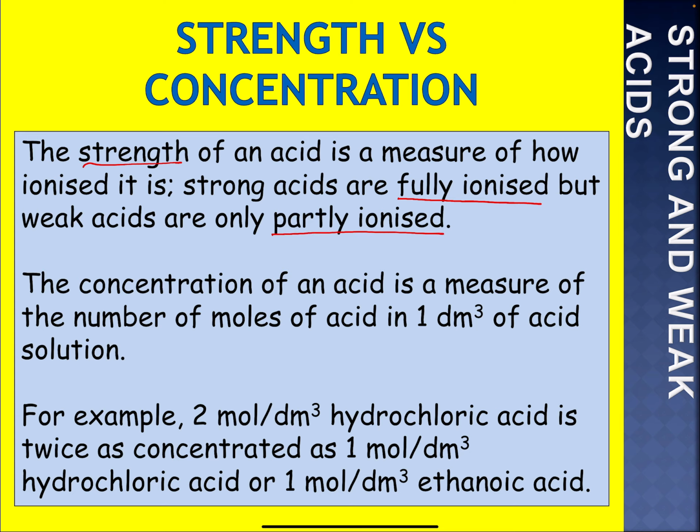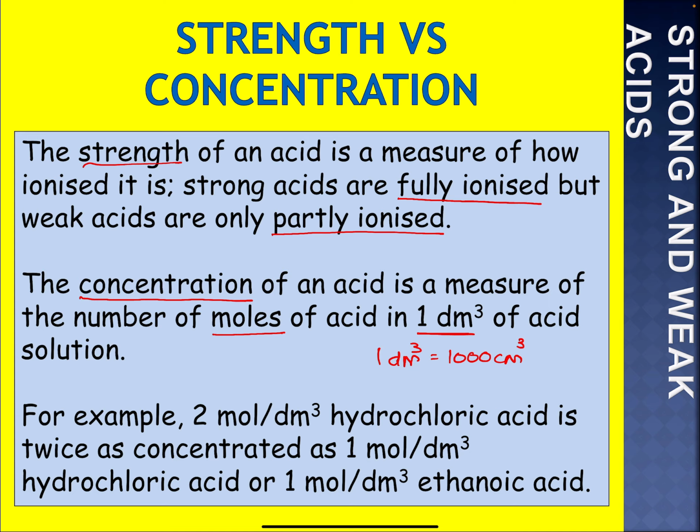So that's the strength. The concentration of an acid is a measure of the number of moles of acid in 1 litre. Now don't forget, 1 litre is 1,000 centimetre cube.